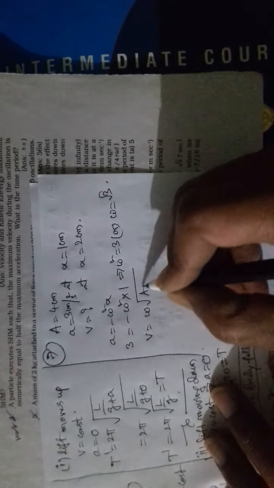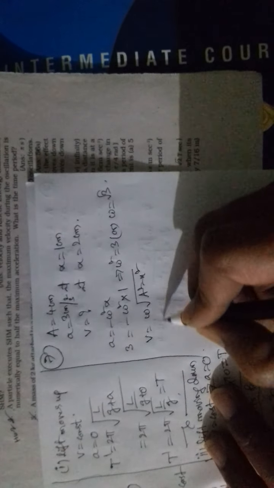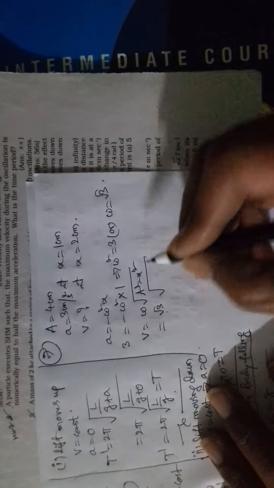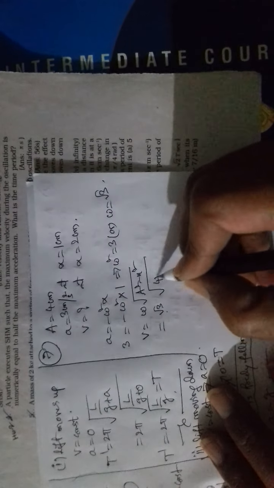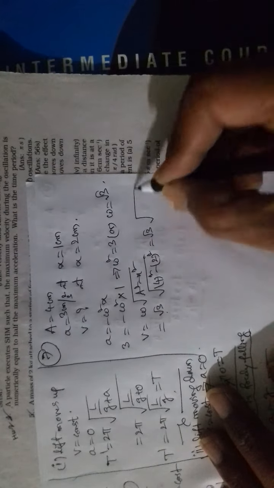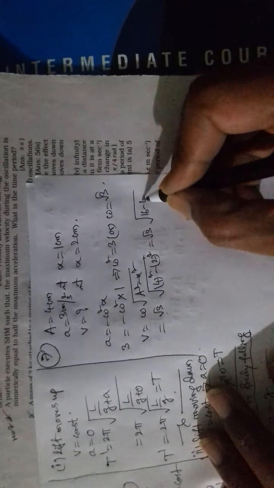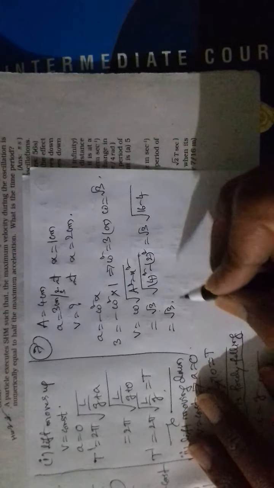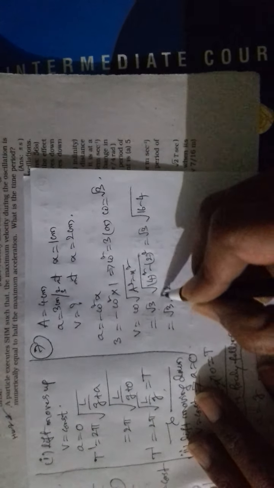Expression for velocity is omega under root A square minus x square. Omega value root 3, capital A 4, x value 2, so root 3 into root of 16 minus 4, root 3 into root 12.